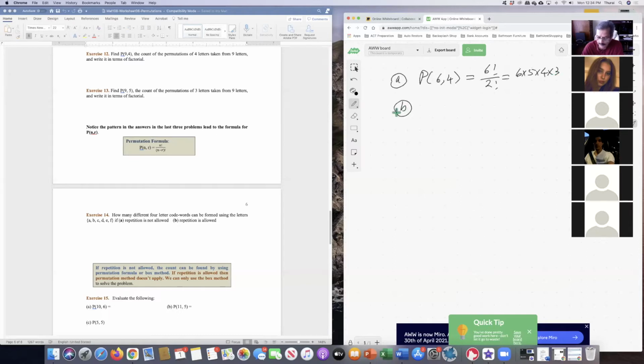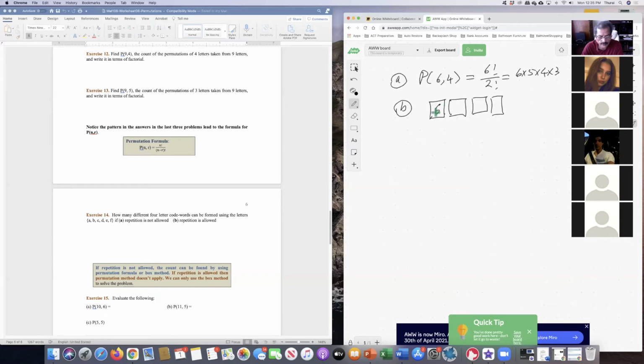Part B says how many such code words can be formed if repetition is allowed. So if they allow repetition, then box method is the only way. It's not permutation anymore. So 4 boxes to fill, because the code words are going to have 4 letters, and 6 ways to fill the first one.